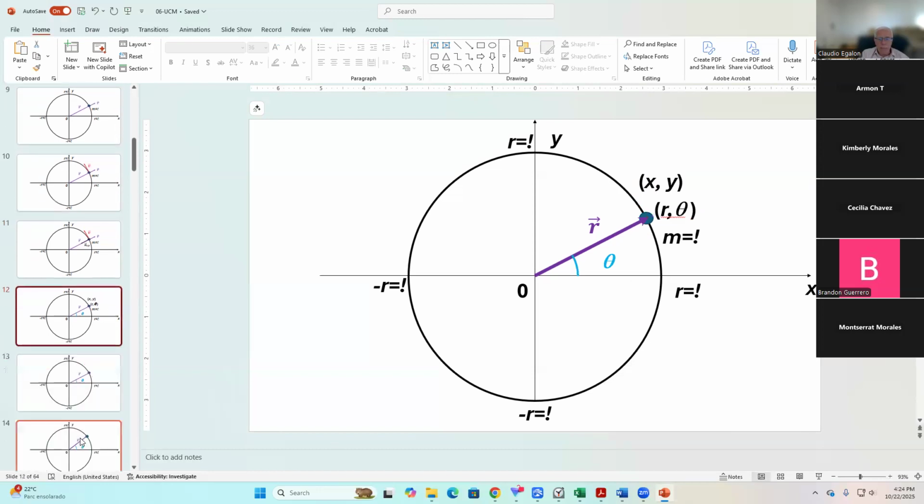There are two ways of describing this motion.